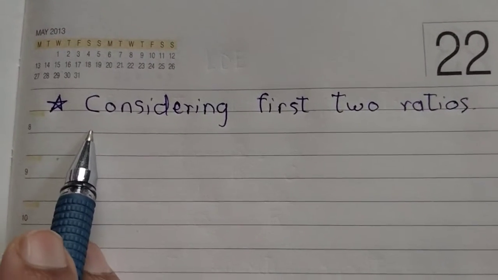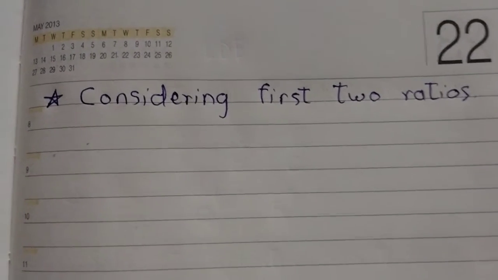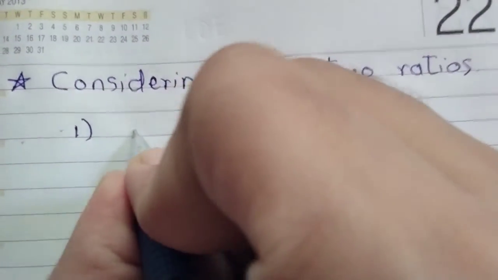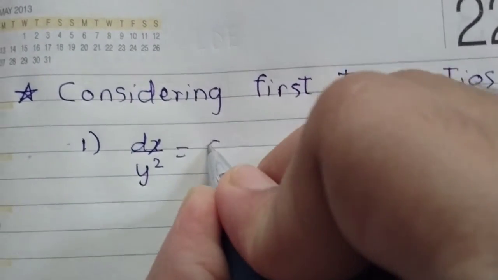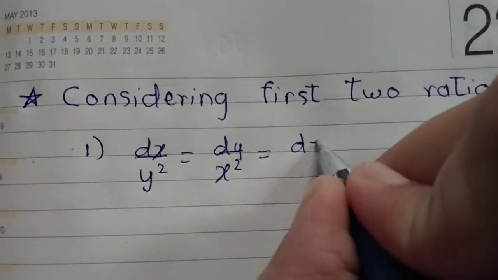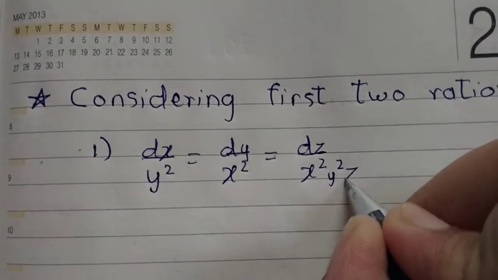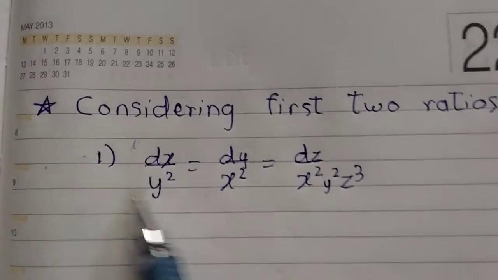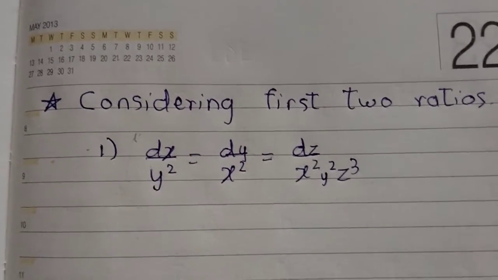If you are asked to find the symmetrical equations by only considering the first two ratios, it means that if we solve the first question, dx by y square is equal to dy by x square is equal to dz by x square y square z cube, you have to ignore the dz term. You have to only solve dx upon y square and dy by x square. These are the first two ratios.